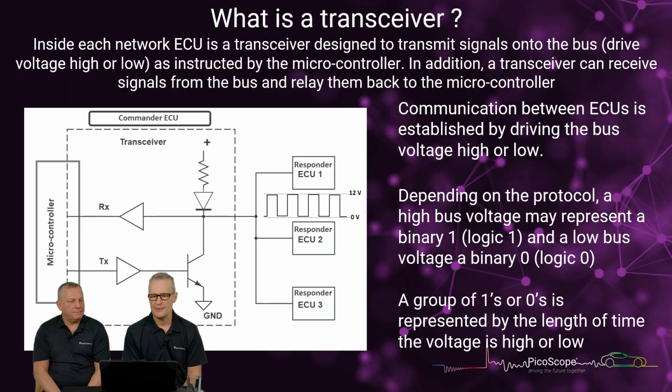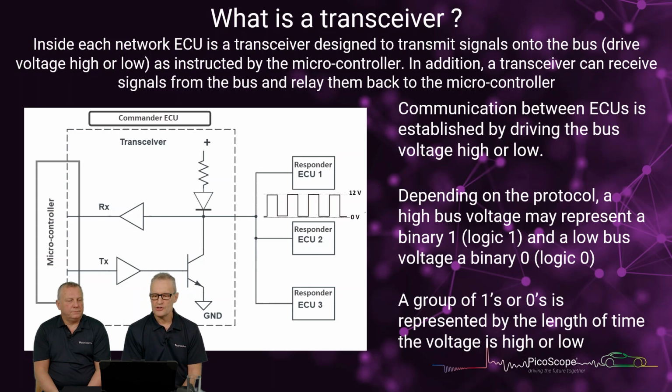Communication between ECUs is established by driving the bus voltage high or low. We need a change of state from one position to another and decide in the protocol what state is a 0, what state is a 1. Depending on the protocol, a high bus voltage may represent binary 1, logic 1, and a low bus voltage binary 0, or logic 0.